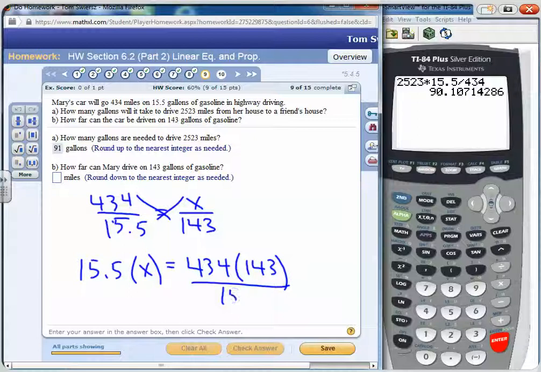Divide by 15.5 so that we cancel there and reduce it to 1. 1x is just x, so x is going to be 434 times 143 divided by 15.5. And of course, we'll do that on our calculator.